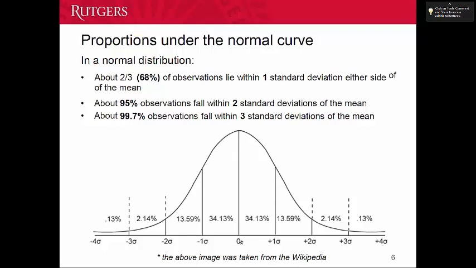The other half of the full observation lies to the right side of the center of the distribution. For each interval, like this, this, and this, we can see the exact percentage of observations that lie in this interval.